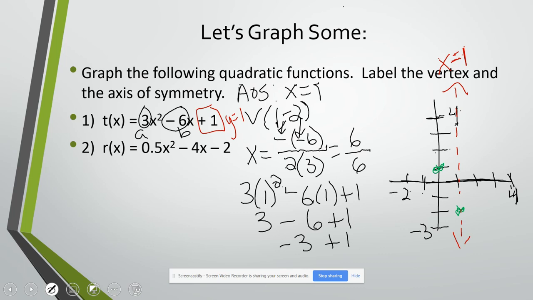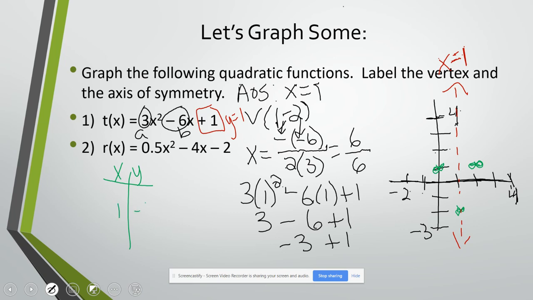By doing that, I know that if I have 0, 1 as a point here, then I have to have the exact same point, the same distance on the other side of my axis of symmetry. So I would have 2, 1. I'm going to show that on here.